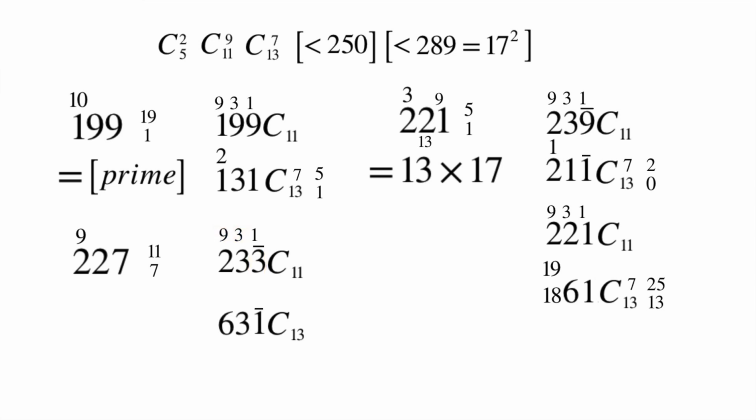Common factor 3, then the alternate sum. 5 plus 3 hinge. No 7, no 13.